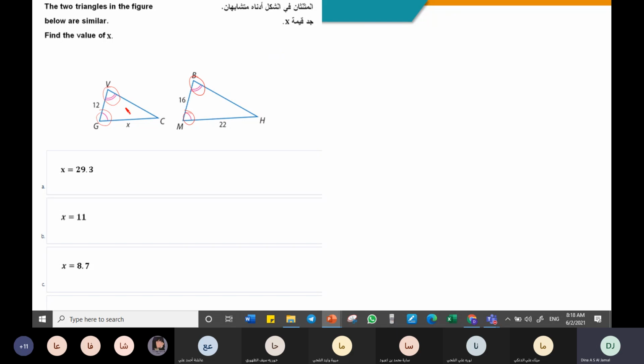If this triangle is similar to the other, that means my sides are proportional. Remember the first lesson of this chapter: angles will be congruent, but the sides will be proportional. That means I will be using proportionality to solve for x.